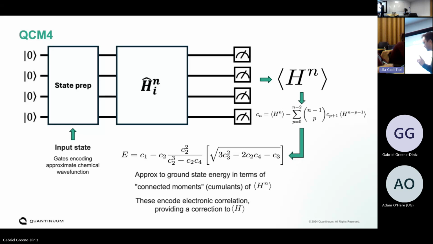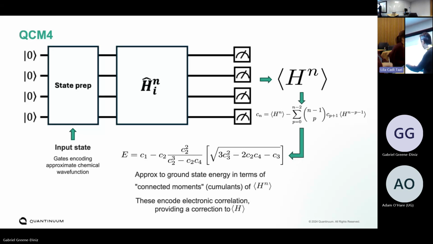Very importantly, that approximation to the energy is much better than the energy represented by the input state. If you just took the input state and got its expectation with respect to the Hamiltonian, you would get a certain energy. However, if you plug that input state into this expression involving powers of the Hamiltonian, you get an energy much better than the expectation of the Hamiltonian with respect to the state.